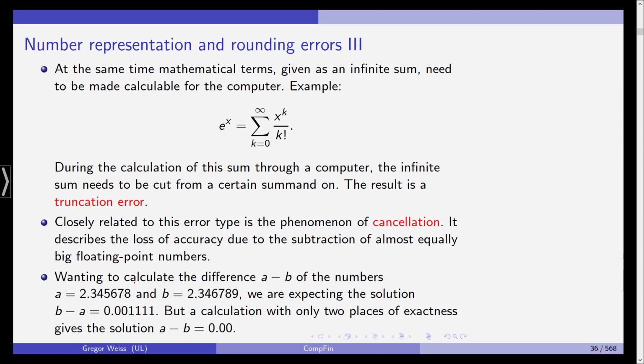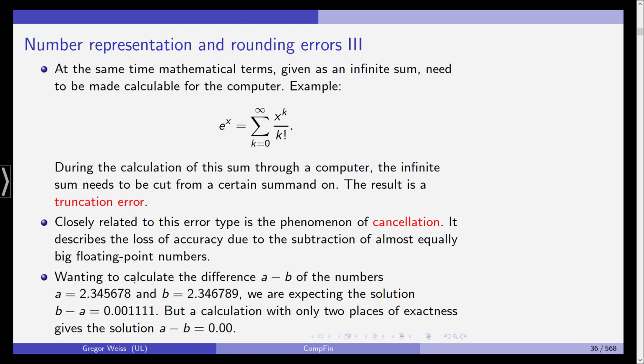Okay, next, it might be that you encounter some mathematical terms that are already given as an infinite sum, and they need to be made calculable for the computer. And the best example is probably the exponential function. One way to define it in real numbers is the infinite sum of k equal to 0 until infinity of x to the power of k divided by k factorial.